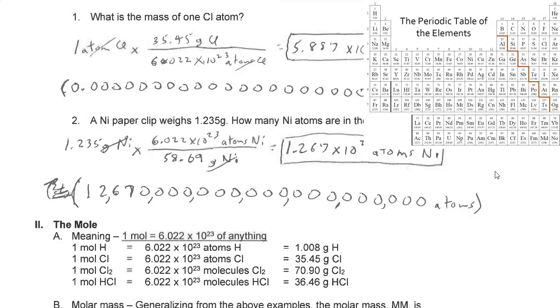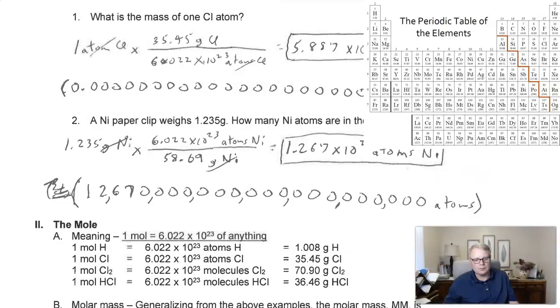number. See, what Avogadro's number allows you to do is it allows you to go from how many do I have to how much does it weigh? Or how much does it weigh to how many do I have? And that's kind of important. Because when you see a balanced equation and you see maybe, say for example, 2 hydrogen molecules plus 1 oxygen molecule goes to 2 water molecules.